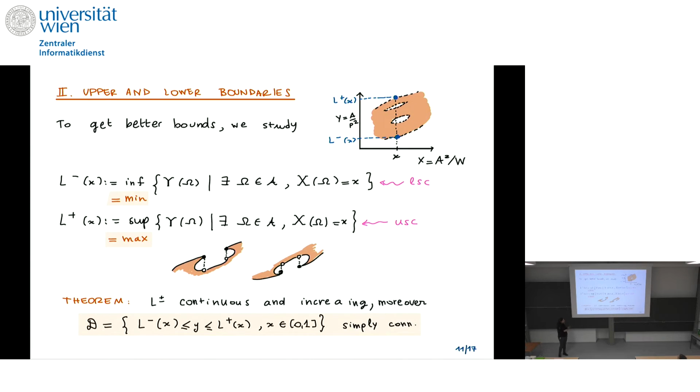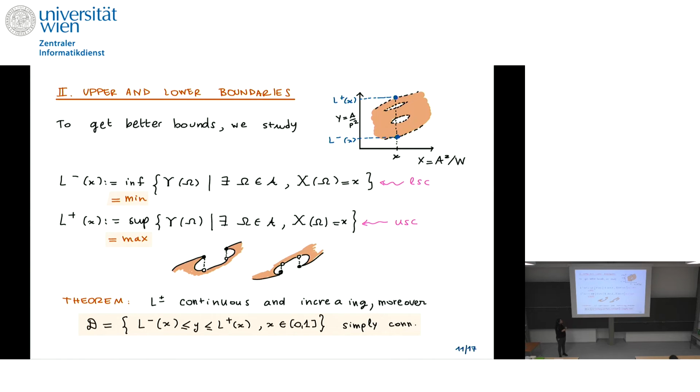The same strategy can be applied to the lower boundary L minus. And the simple connectedness is done by adapting an argument by Ilias and Jimmy Lamboley on another Blaschke-Santaló diagram.